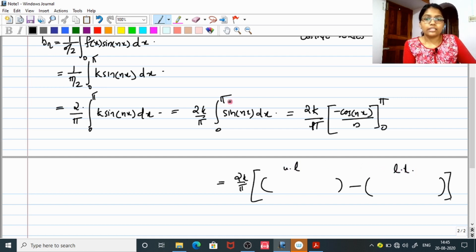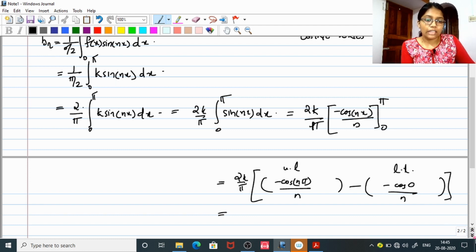Since the integration is with respect to x, put your limits in x, in the quantity inside, which means minus cos n pi divided by n, minus, cos n into 0, 0 divided by n.